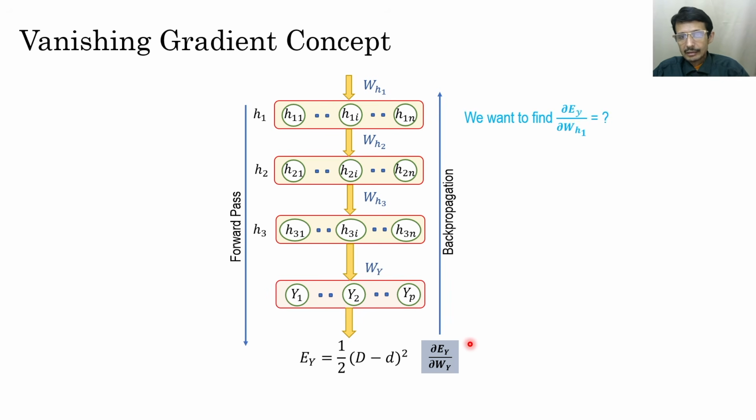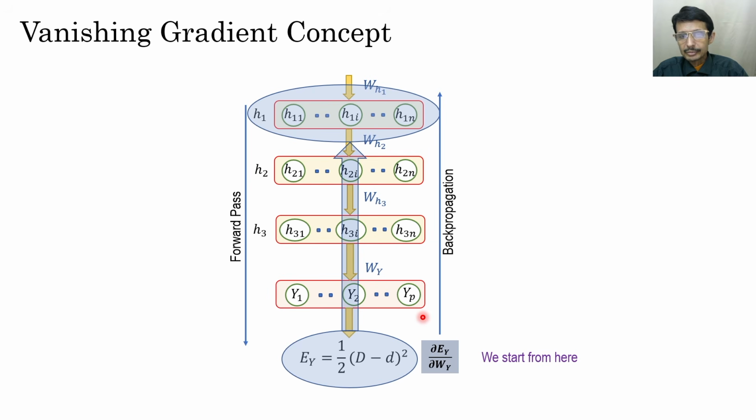We start from the output layer, propagate to hidden layer 3, then layer 2, then layer 1, and so on. That is the ultimate backpropagation.